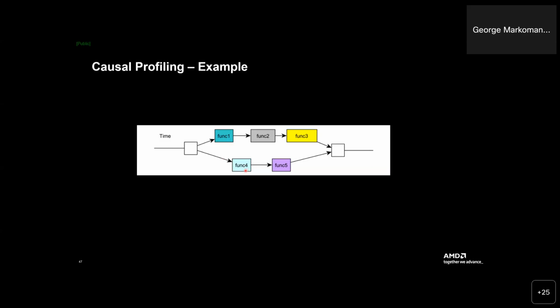This is CPU only, right? So the question is, how do I know if I improve this, whether I can make a significant impact on the total application? There's one idea.